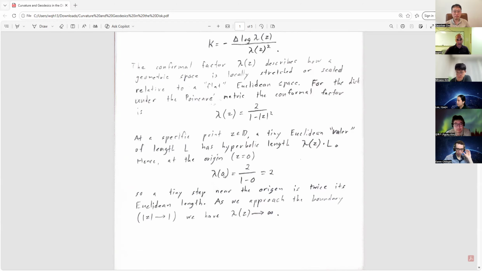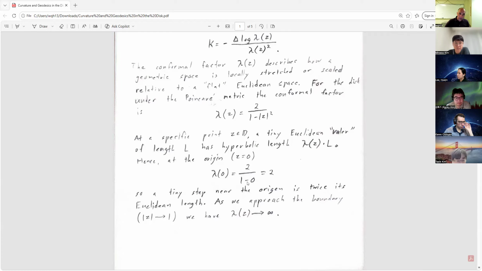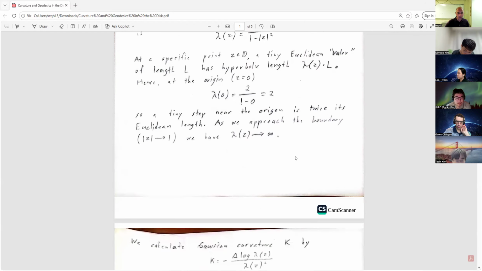So if we examine this at the origin, we'll see that if we were to drop a tiny Euclidean ruler right at the origin of length L, a tiny step right at the origin is twice its Euclidean length. And then as we approach the boundary, this quantity on the bottom here goes to 0. And so our conformal factor goes to infinity as we approach the boundary.